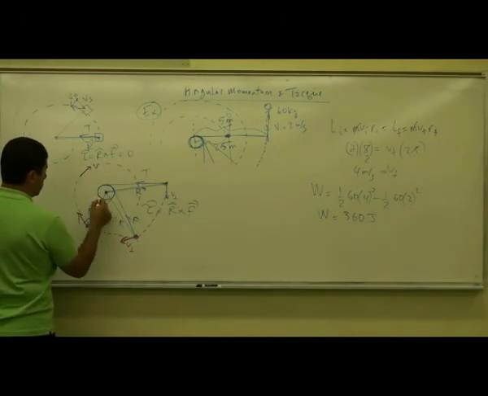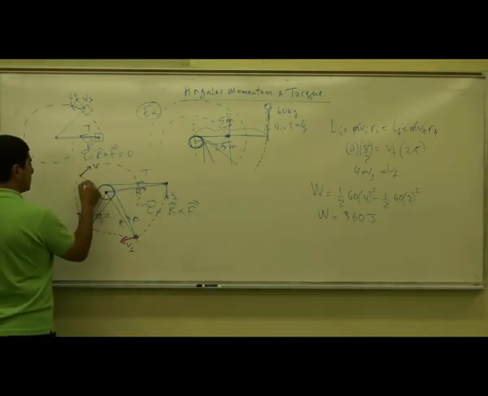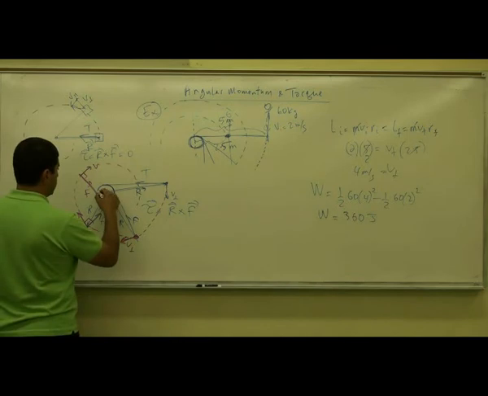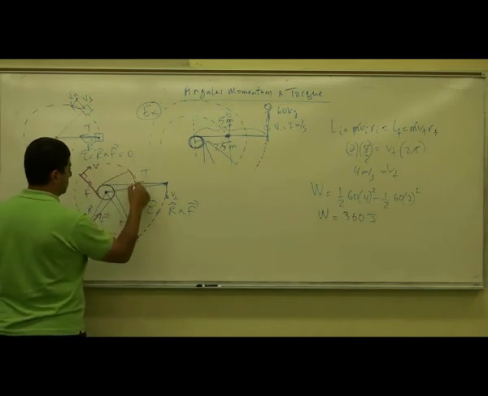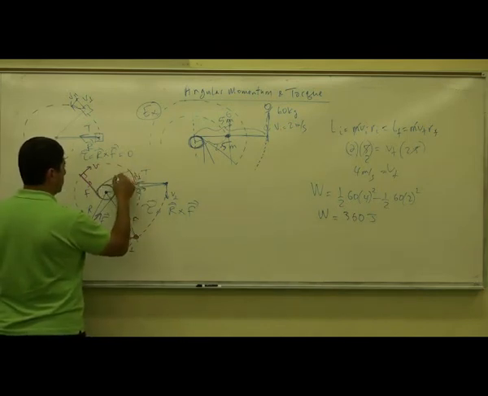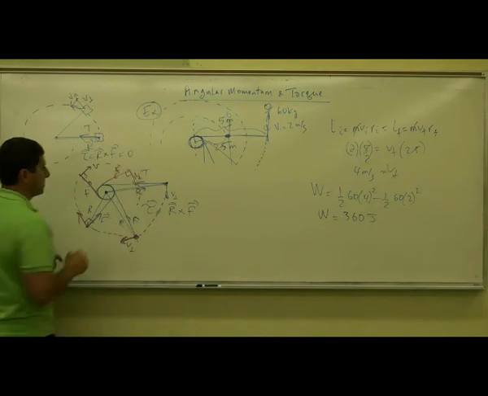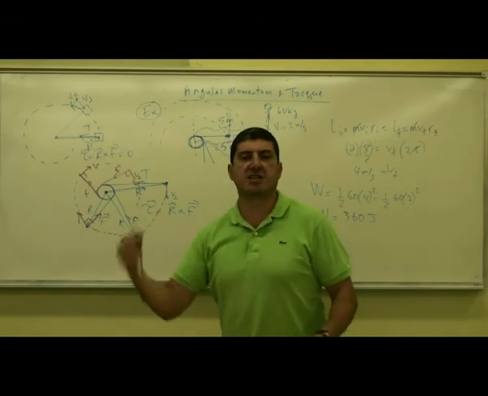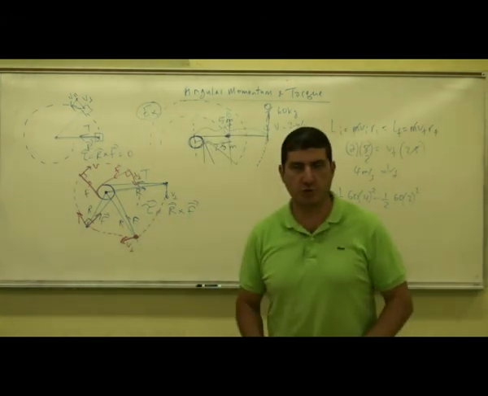Here's the force. Perpendicular. By the time you end up here, perpendicular, force, perpendicular. The force that's exerted on you is always instantaneously perpendicular to the direction that you're moving.